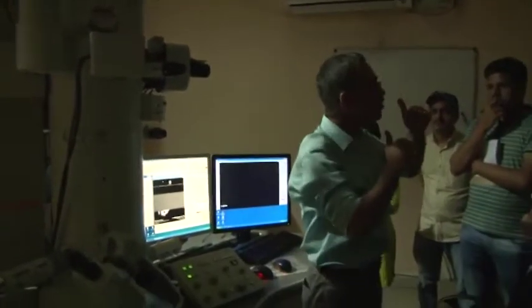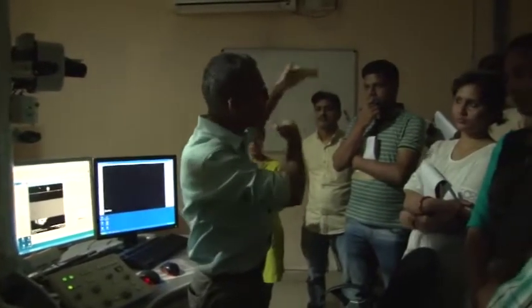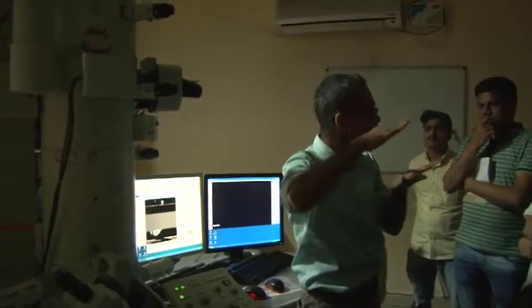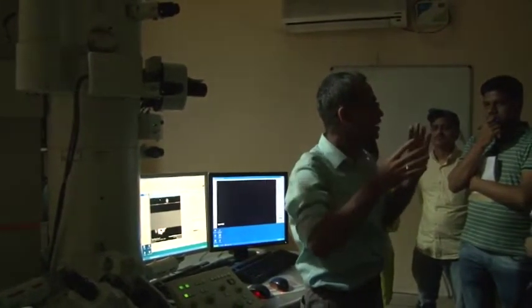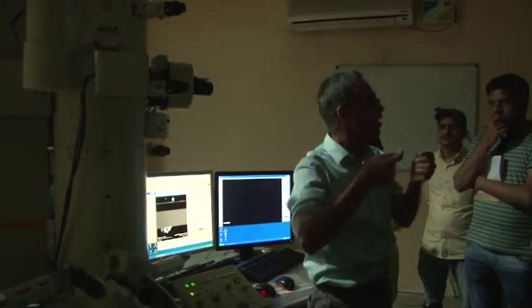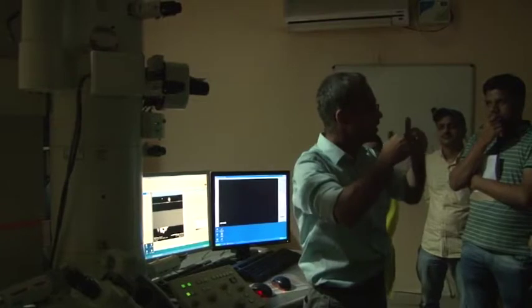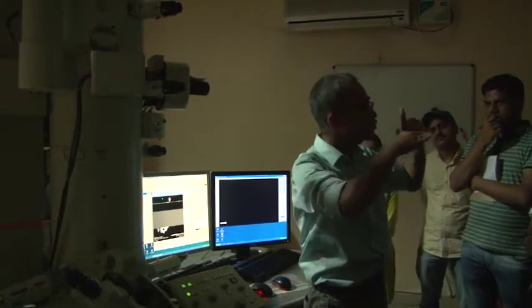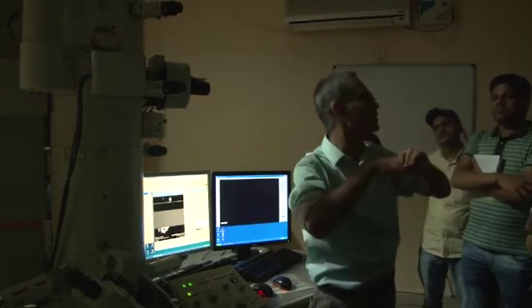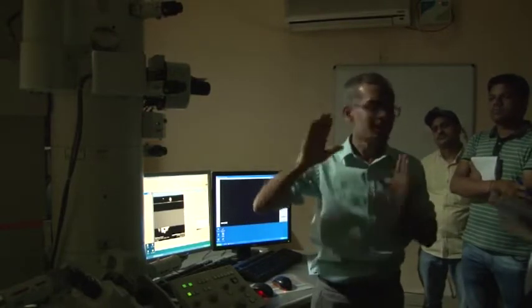That is only for schematic drawing, or in a light microscope that holds good. But here this lens is so big. Electromagnetic lenses are of this size. So effectively, although we say that the specimen should be before the objective lens, here in fact it is actually sitting inside. Okay, that's one thing.